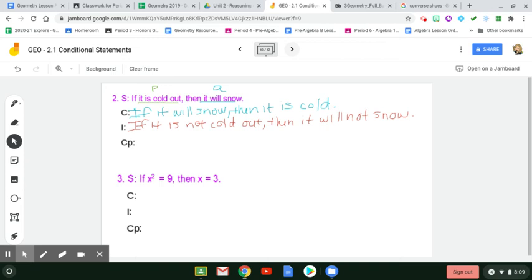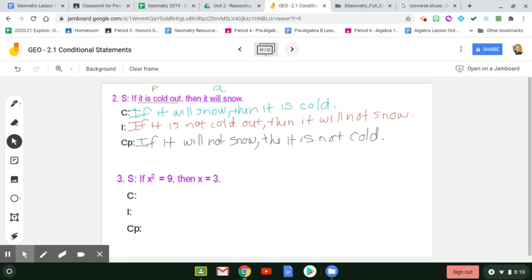All right, now let's go with the contrapositive. Remember what the contrapositive does? It flip-flops things around and it negates. So I'm going to look at my flip-flop, which is the converse. Remember, think of shoes. So, if it will not snow, then it is not cold.